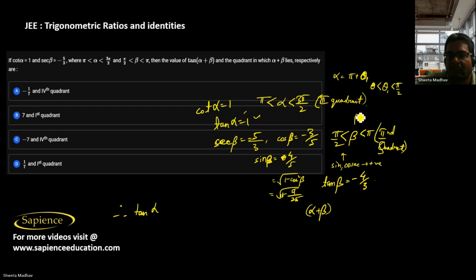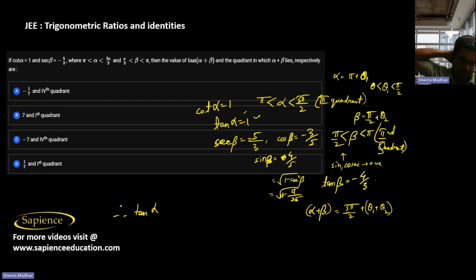And beta is something like pi by 2 plus theta 2, where theta 2 is from 0 to pi by 2. So alpha plus beta will be 3 pi by 2 plus theta 1 plus theta 2. So it means that it will be obviously in the fourth quadrant.